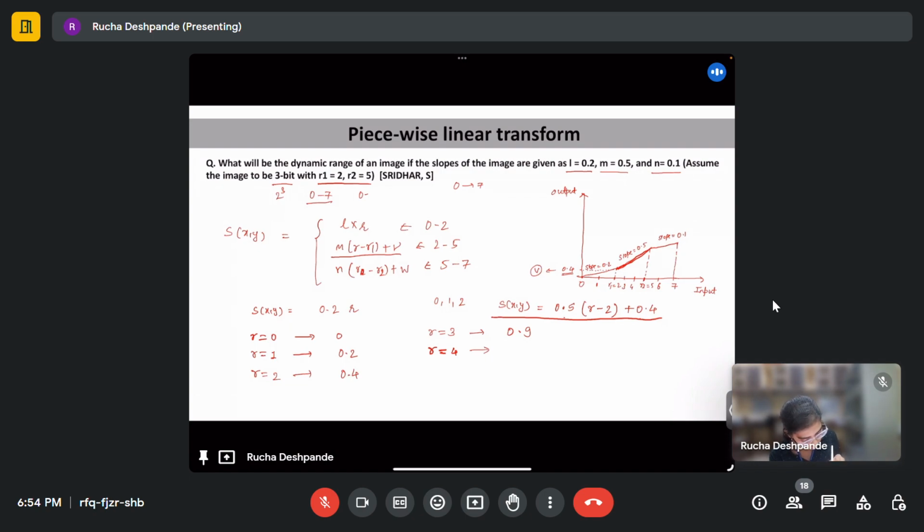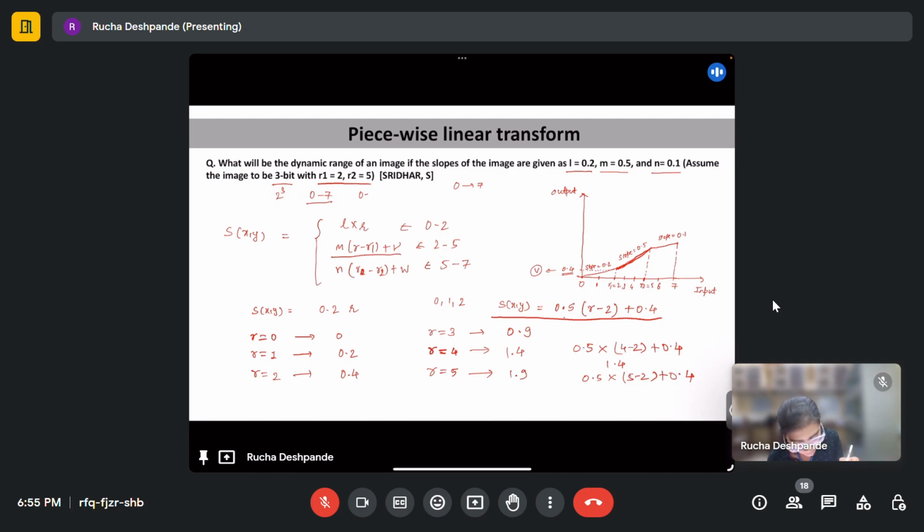So corresponding to 3, 4 and 5, we have 0.9, 1.4 and 1.9.